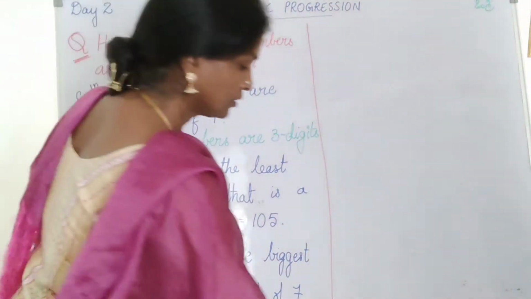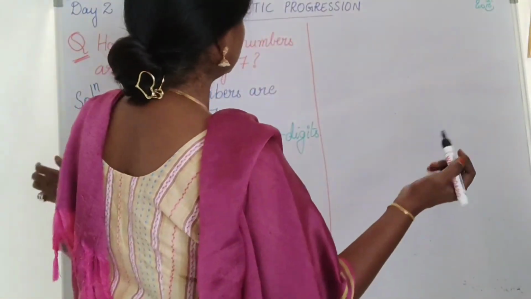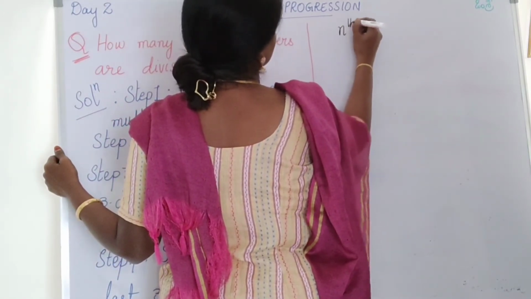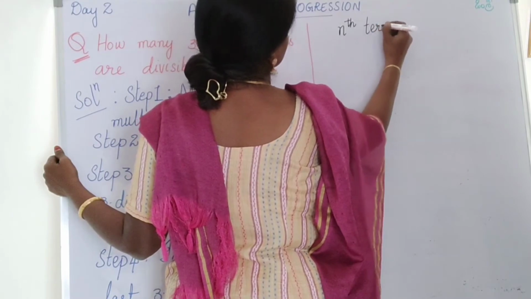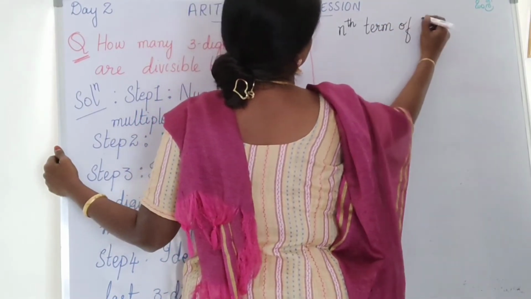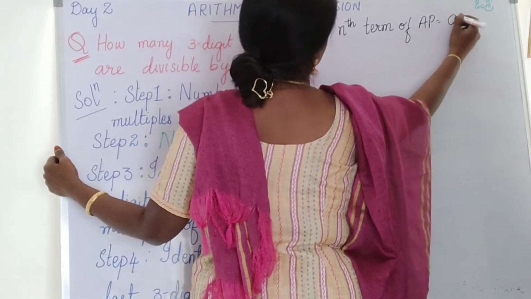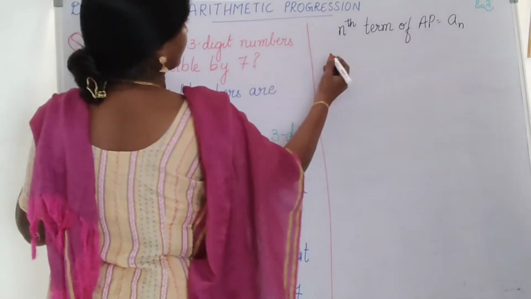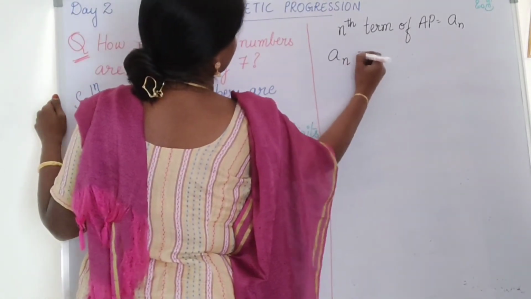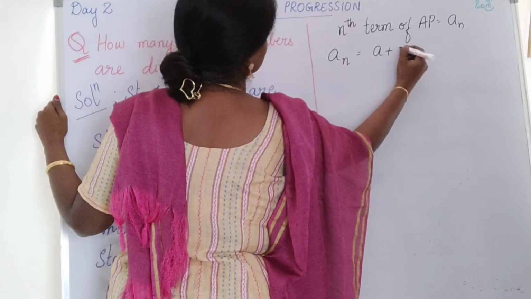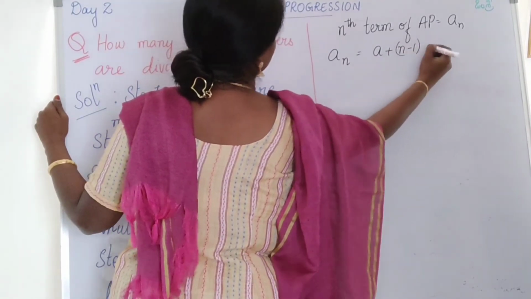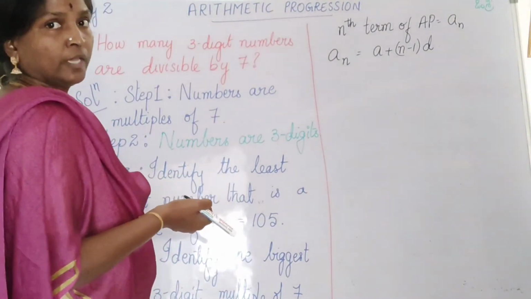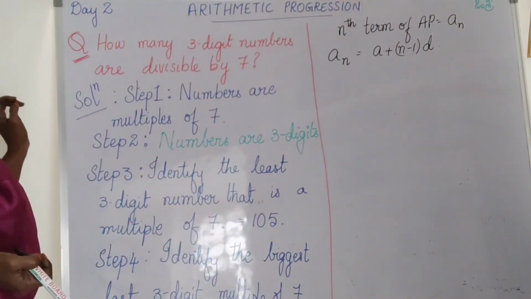So we'll continue with an is equal to a plus n minus 1 into d.